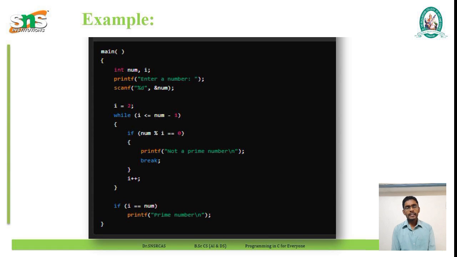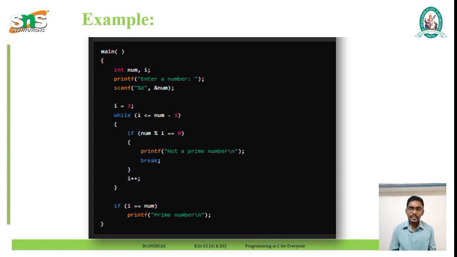If at least once this if condition becomes true, the input number will not be a prime number. So further you need not check the other conditions. You need not increment the i variable and again find whether the number is modulo divisible by i. There is no need for that situation.